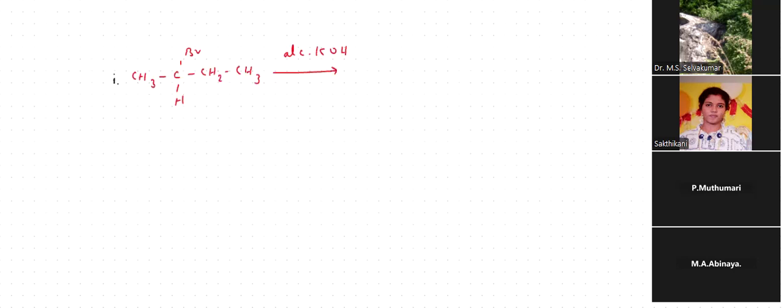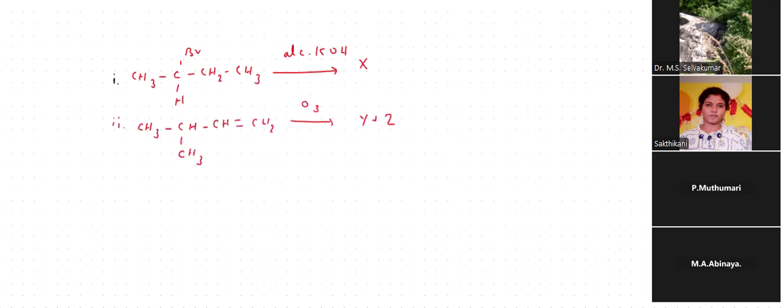Second reaction, CH3, CH, CH3, CH, double bond CH2 on ozonolysis gives Y plus Z. Here it is X. You have to identify what are X, Y, Z.